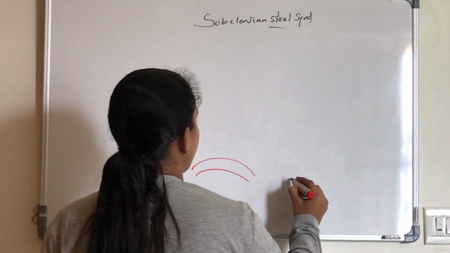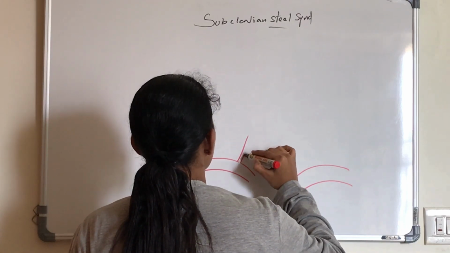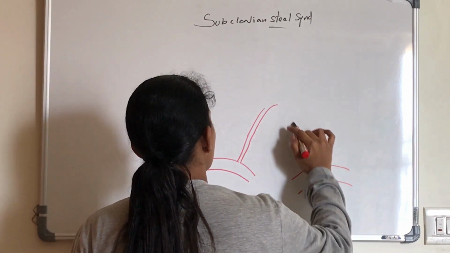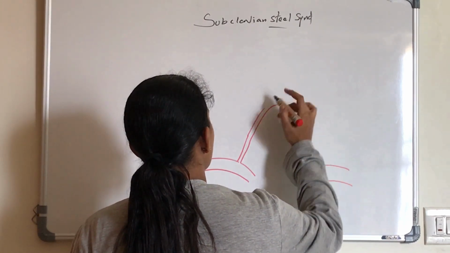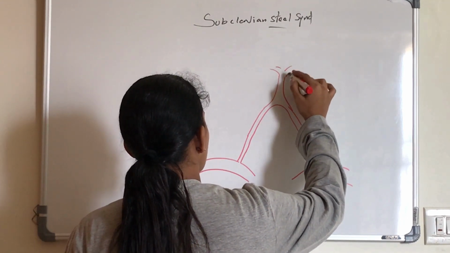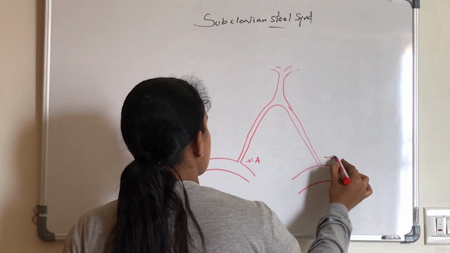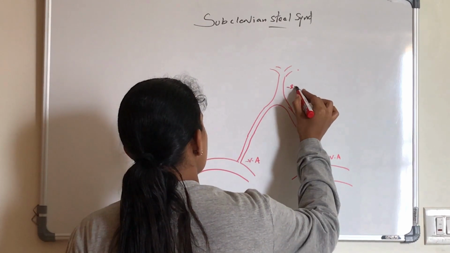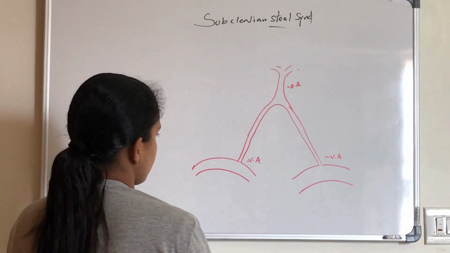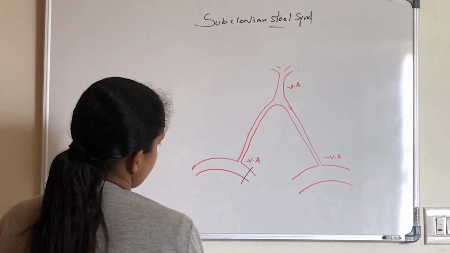So this is the right subclavian artery, left subclavian artery, giving off vertebral arteries on both the sides, and we can see both vertebral arteries anastomose to form basilar artery, and suppose there is a block in the right subclavian artery proximal to the origin of vertebral artery.